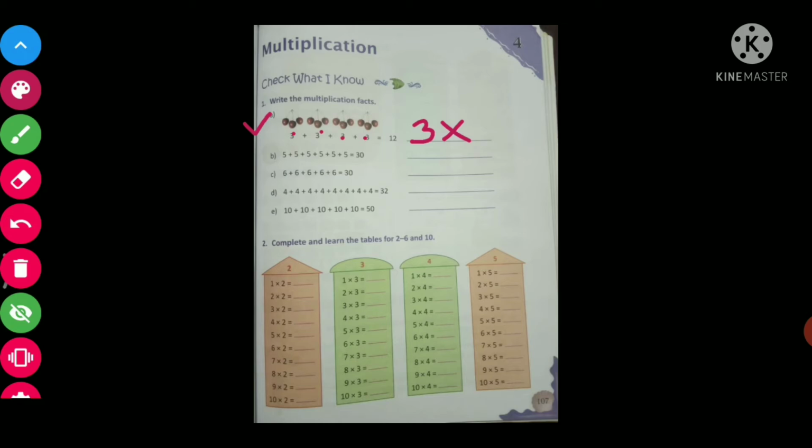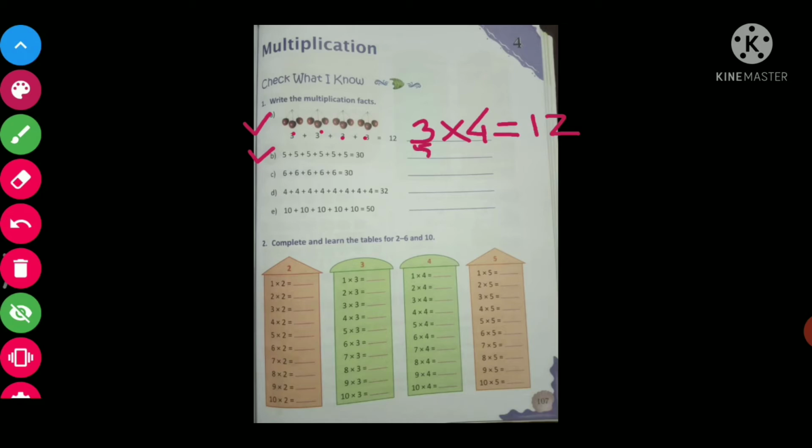So 3 multiplied by 4 equal to 12. See the next one: 5 plus 5 plus 5 plus 5, equal to 30.